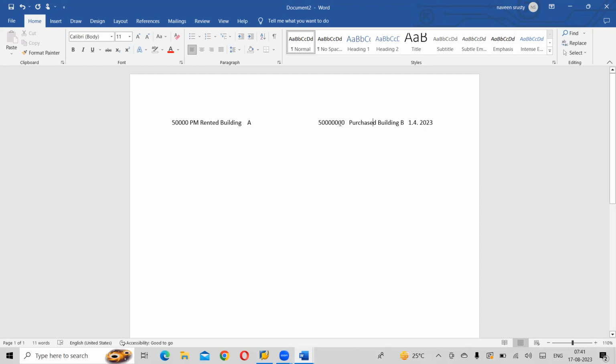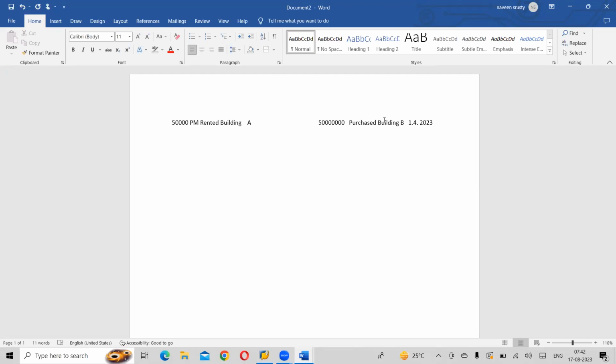So at the time of purchase of the building, do you think that you are going to sell this building on 31st of April 2024? No. What is your intention at the time of purchasing? To keep it long term. We want to use it for the long term, correct?